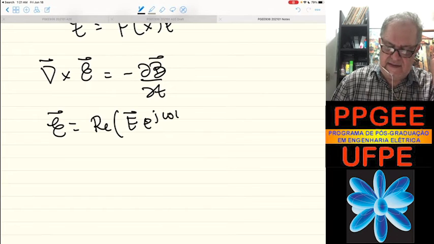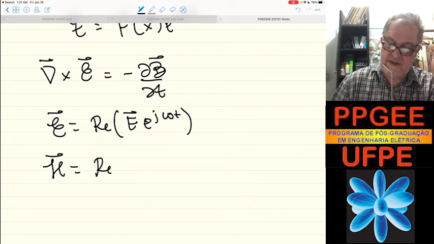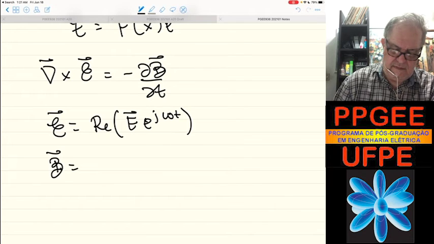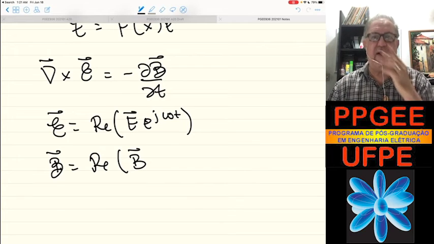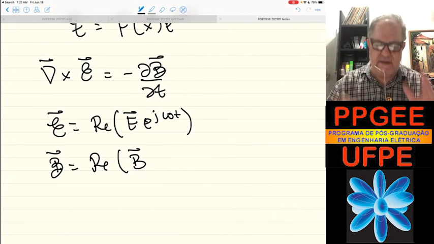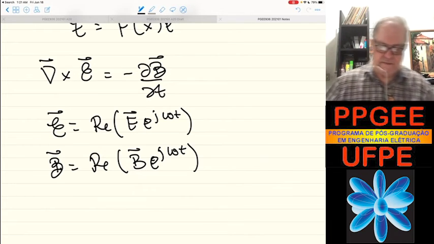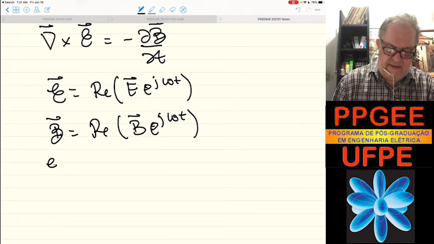H equals the real part, B, so block letters for all the field quantities now are complex vectors.